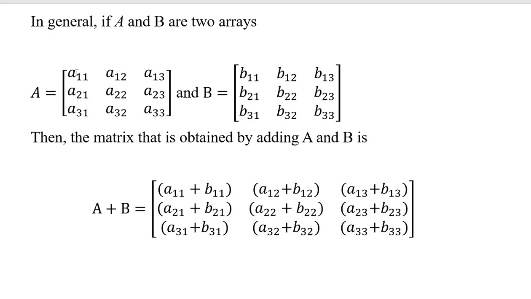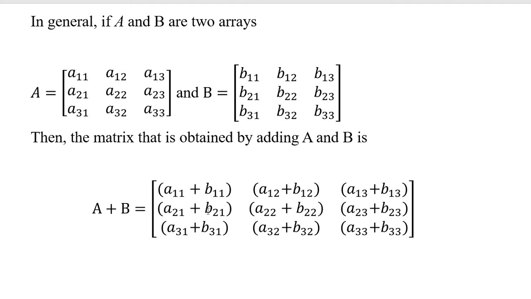The first row, first column element of A is added to the first row, first column element of B, and the first row, second column element of A to that of B, and so on for all elements. So A11 plus B11, A12 plus B12, A13 plus B13.